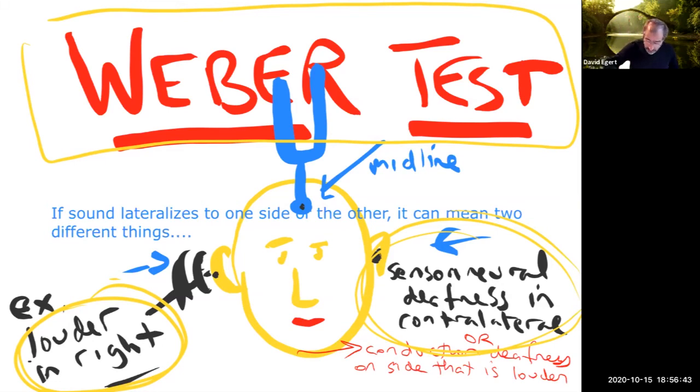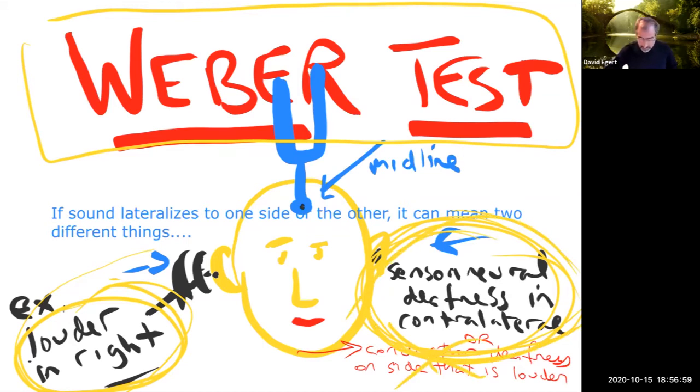If I'm not sure which it is, but then I do the Rene test and it says this person has no conduction deafness, then I know that's not an option. It must be the sensory neural deafness in my left ear. So that's why you do both of the tests. Between the two of them, you can usually figure out what's likely going on with this person's hearing.